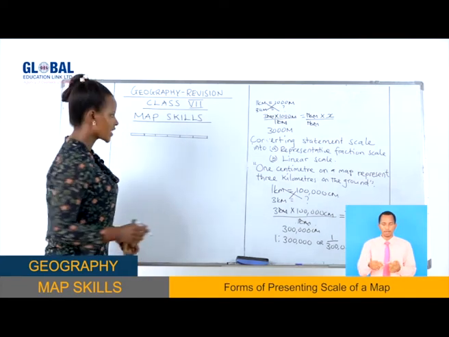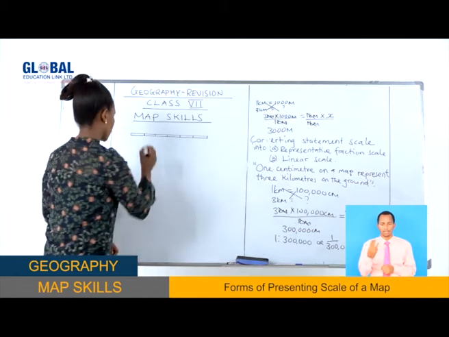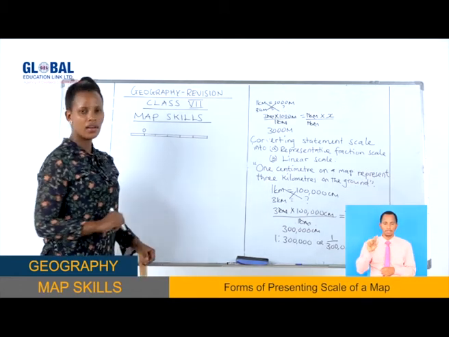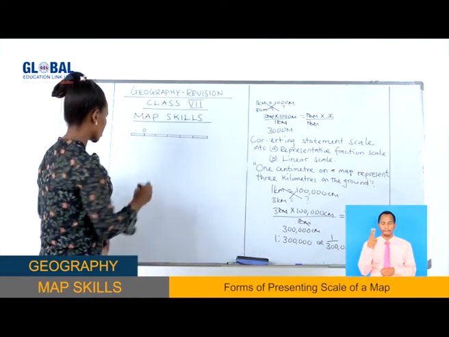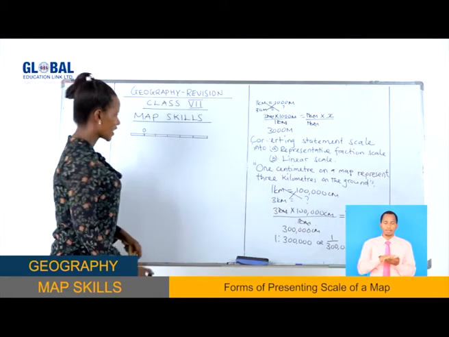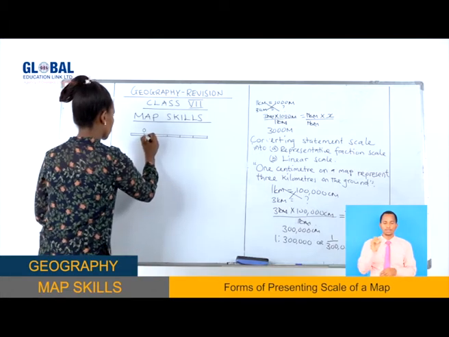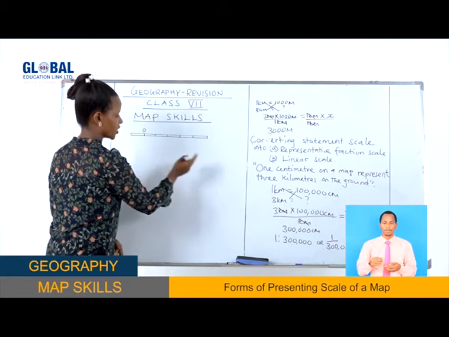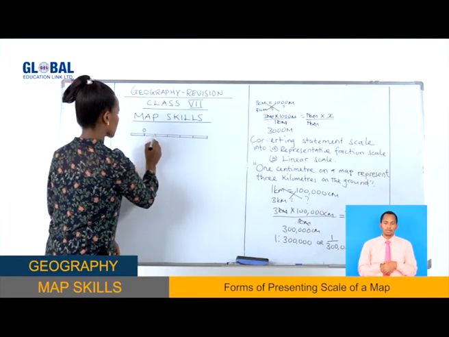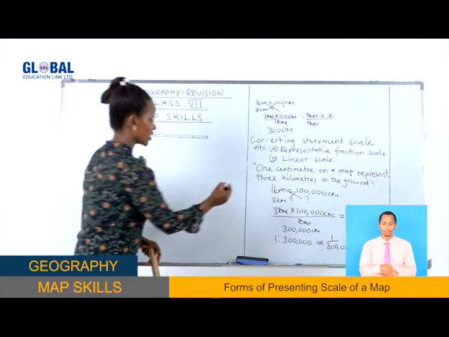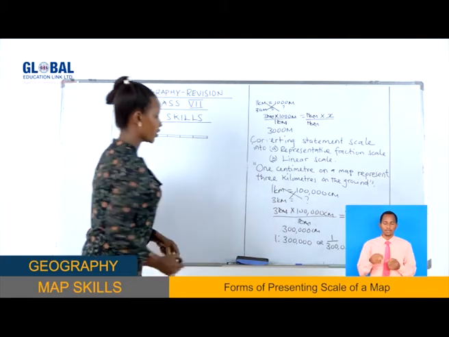And in linear scale, we have 2 sections: primary section and the secondary section. Then the primary section starts from 0 going right hand side. So it should read like this. It is 0 starting point, but 1 centimeter here to here, 1 centimeter from the statement scale, is equal to 3 kilometers.